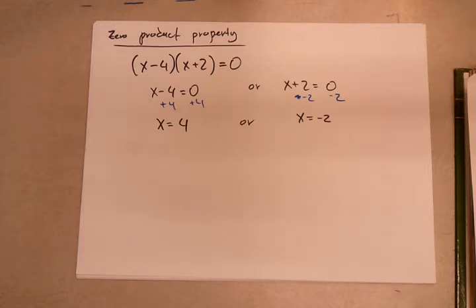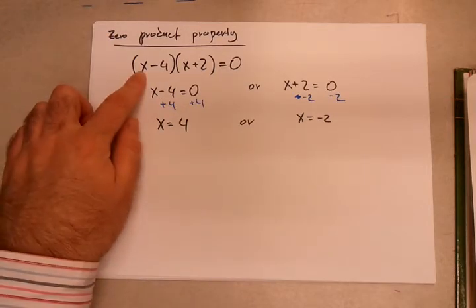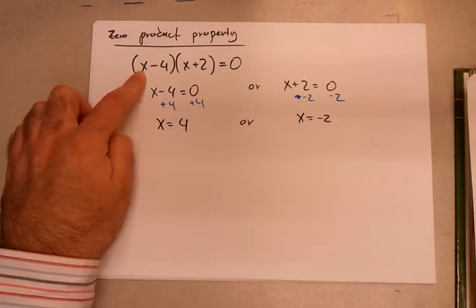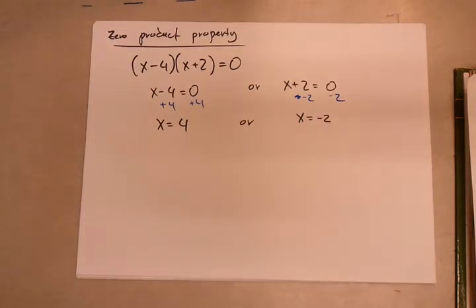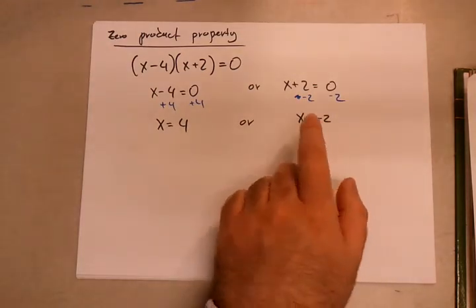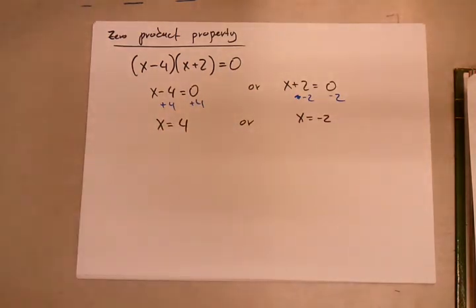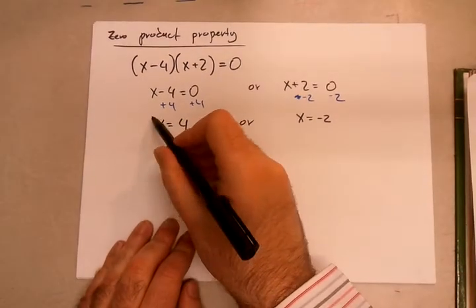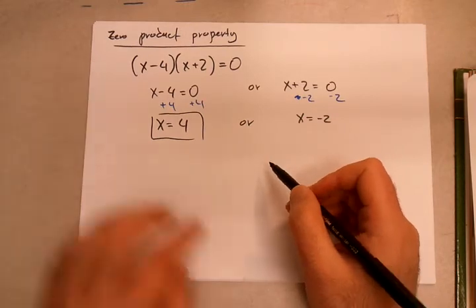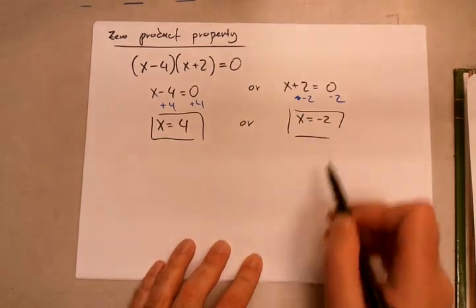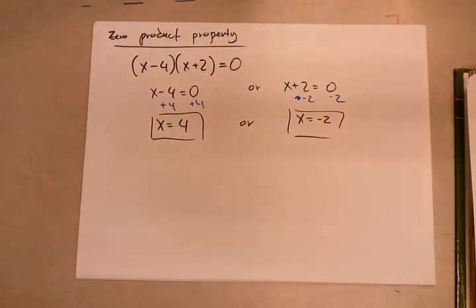X has to be one or the other. But if x is 4 here, you'll get 4 minus 4, which is 0, turning everything into 0. And over here, if x is negative 2, it'll turn this into 0, which in turn turns everything else into 0. So these would be your two possibilities that make this statement true because of the zero product property. Alright, so that was the first part of 9.5.